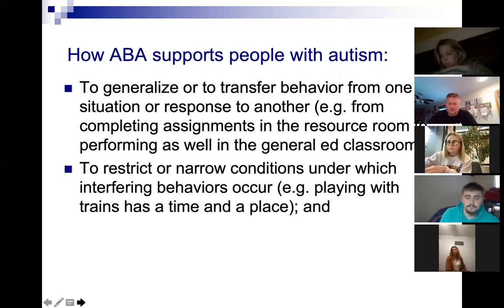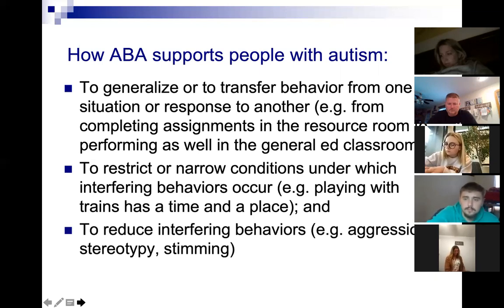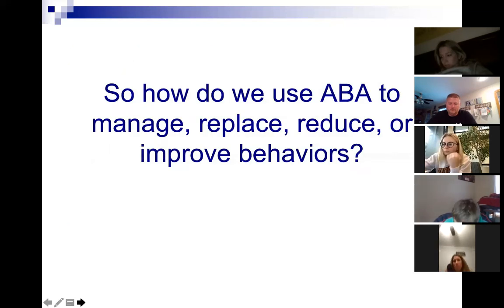So using ABA methodology would be a great way to do that. Or to reduce interfering behaviors. If they are becoming aggressive or disruptive, or they have stereotypy, meaning those things like flapping their hands, rocking, self-stimulation, those kinds of things.